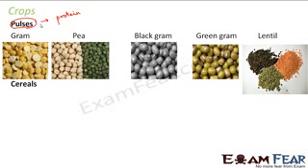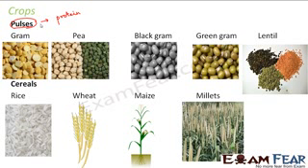Again, let's talk about the cereals which form the basic food for us, like rice, wheat, maize, millets. Rice and wheat, I'm sure all of you are aware of. Maize is nothing but makai, a term most Indians will be familiar with.